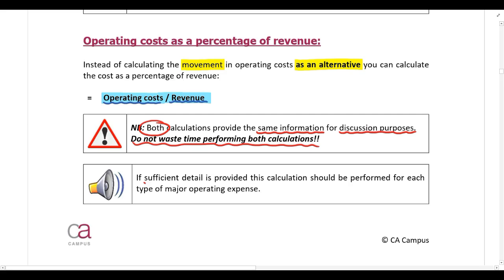Once again, if you have sufficient detail and you know what the operating costs are made up of, for each type of major operating expense, you should perform this calculation. So for example, if salaries and wages is a significant expense, then you should take the salary and wage cost and divide by revenue so that you can express that cost as a percentage of revenue.